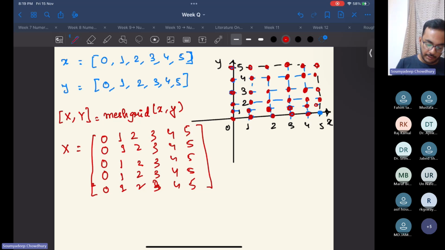And what is the first point? It is 0, 0. So y should be 0, 1, 2, 3.